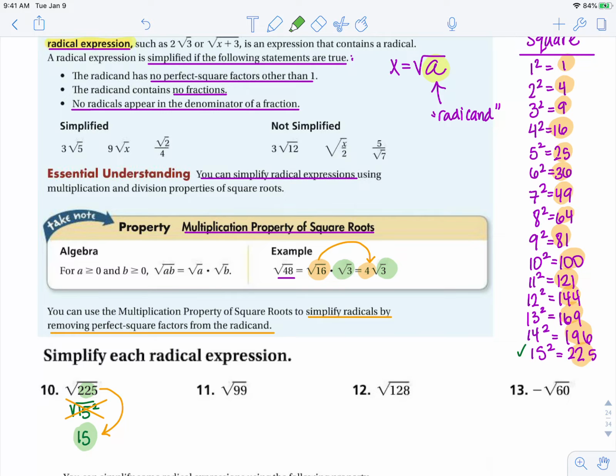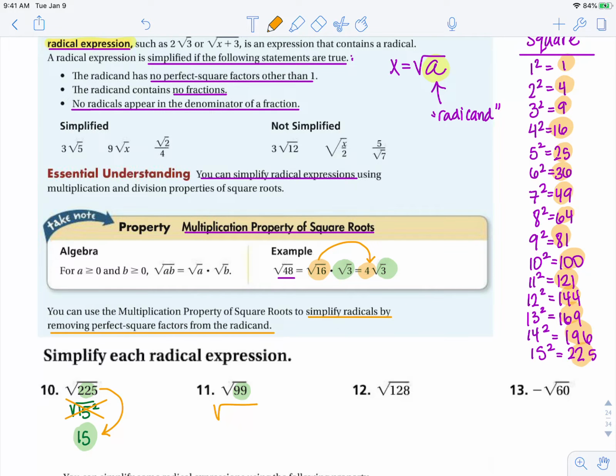Now, in number 11, 99 is my radicand, and that is not a perfect square, but I can look around and say, okay, which of these perfect squares is a factor of 99? And I know that 9 divides into 99.